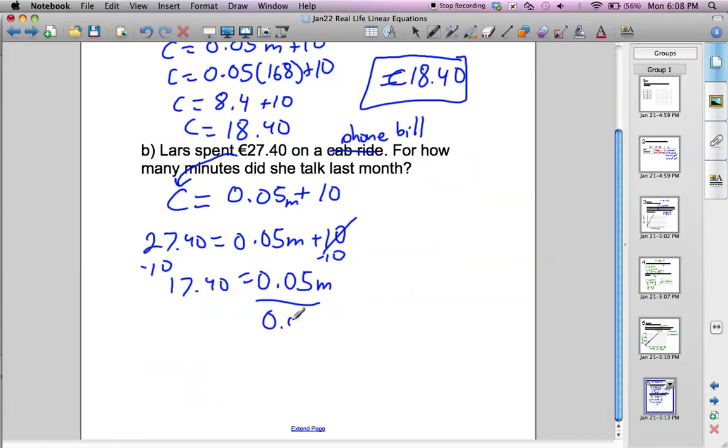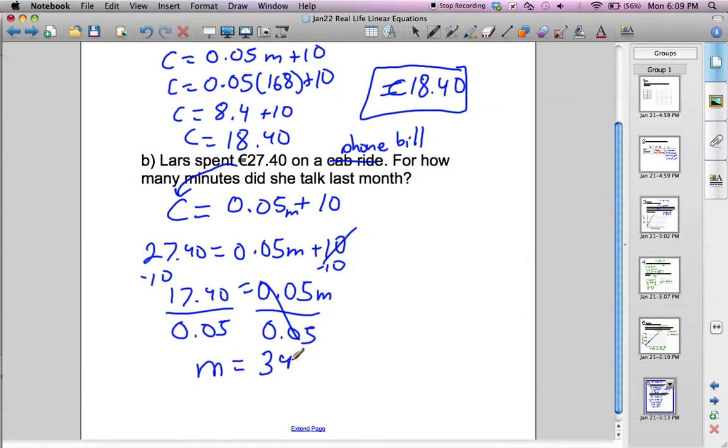Then we're going to divide both sides by 0.05. And we're going to have m equals, so let me work that out. That's going to be 348. So the answer is 348 minutes.